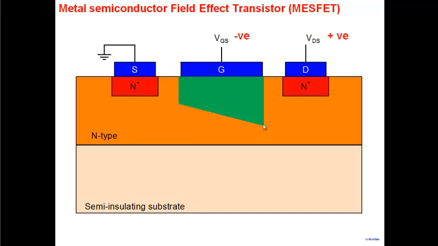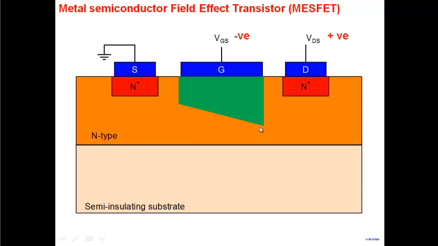So the whole region is not available to you because the gate is a Schottky barrier diode. There's a depletion width here. Why is the depletion width larger here? See, the voltage that you see in the channel, say you apply 5 volts here, is 5, 4, 3, 2, 1, 0, right? So there is a higher voltage drop here, and therefore the depletion width is larger.